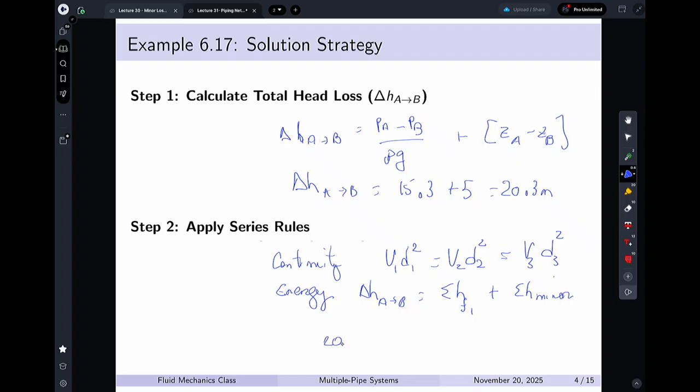So 20.3 equals, there we go, 1 over 2g times alpha 1 f1 plus alpha 2 f2 plus alpha 3 f3. And all you're doing there is creating a proportionality constant based on velocities.